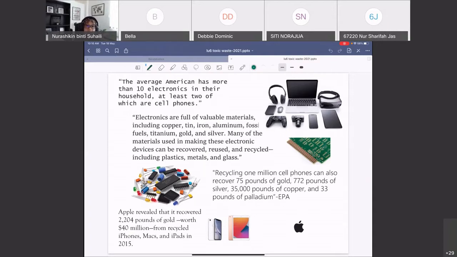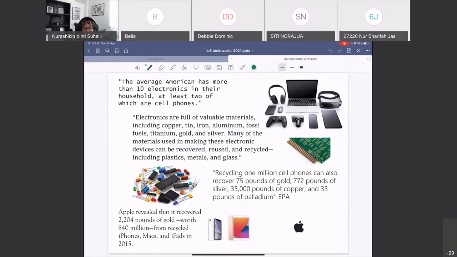It is said from statistics that the average American household has more than 10 electronics, at least 2 of which are cell phones. I don't have the statistics for Malaysia, I'm sorry for that. This one I just got from literature. But it shows that it's not just in America, but also in other countries, including Malaysia. We are accumulating electronic items.